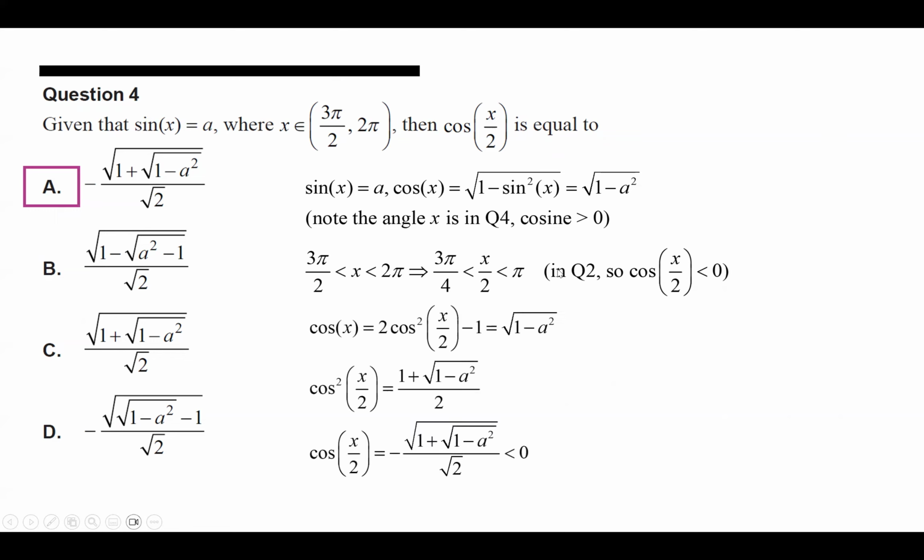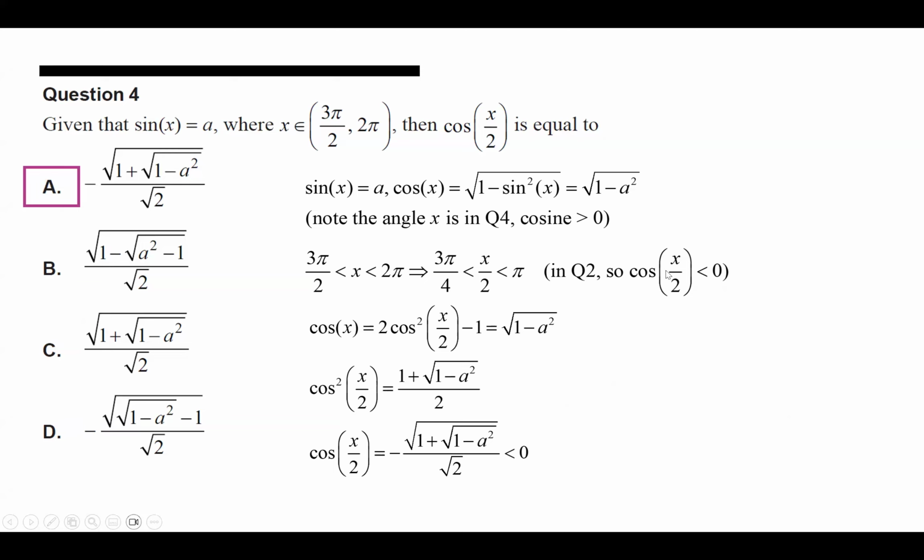And the next stage of work is to use the double angle formula. Half x is doubled to be x. Therefore, we say cosine x is 2 cosine squared half x minus 1, and it's also equal to root 1 minus a squared. You can rearrange and isolate the cosine squared term, and you will get 1 plus the square root, divided by 2.